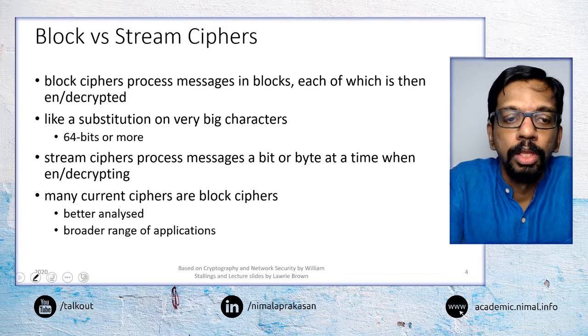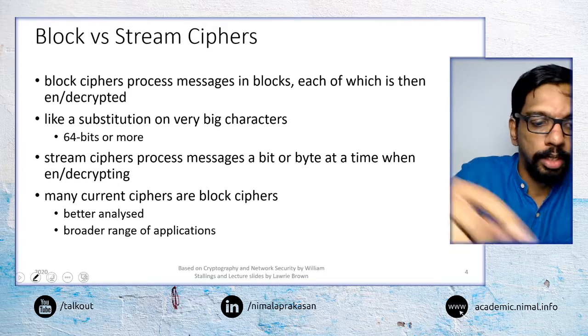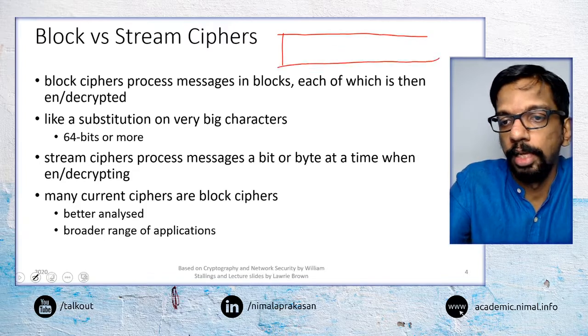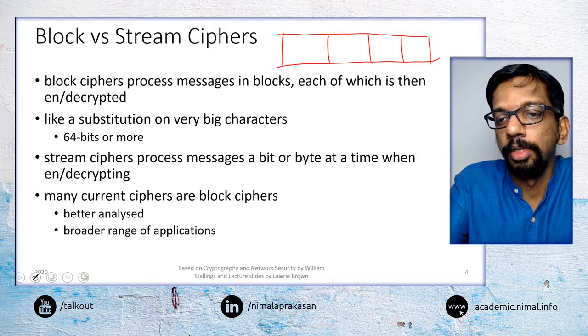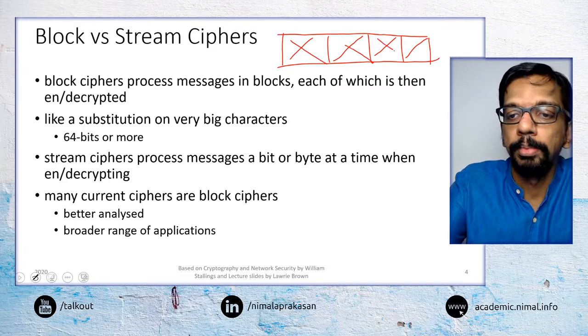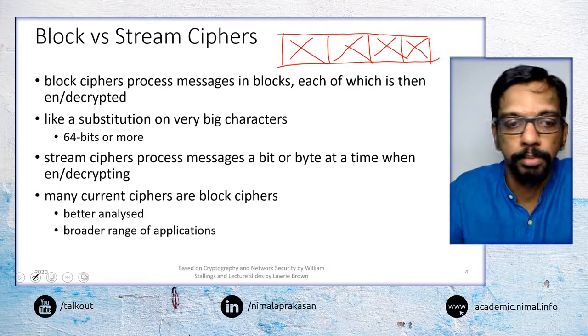Block ciphers take the message as blocks. If there is a message, they will break it into a number of blocks, and then encrypt and decrypt them as these blocks.